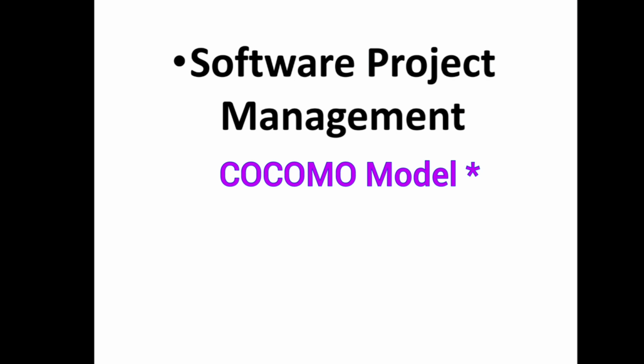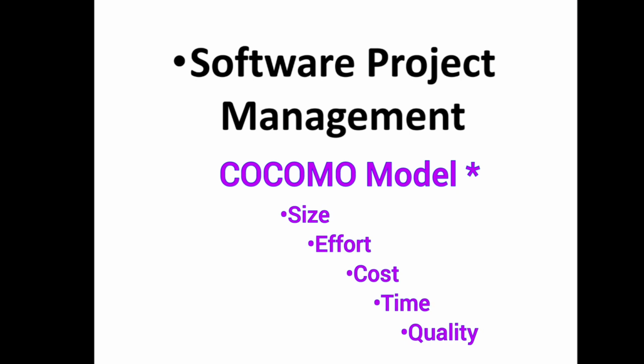Again, the COCOMO model is an important topic because it's a cost estimation model for software projects and is capable of predicting various parameters associated with making a project such as the size, effort, cost, time, and quality. So students, it's an important topic and questions can come up on this topic.